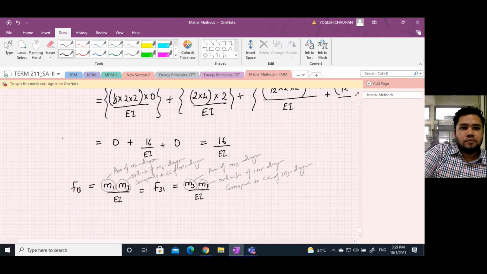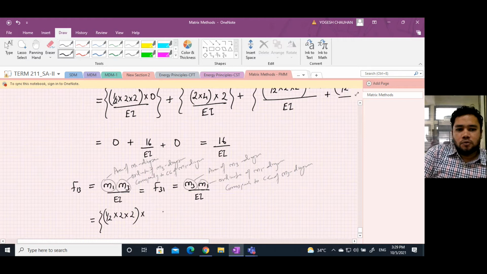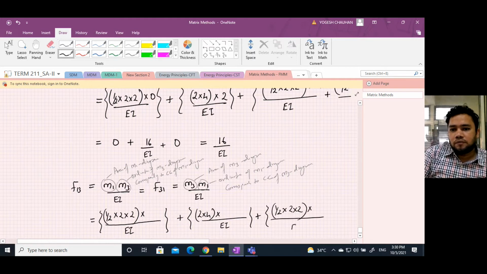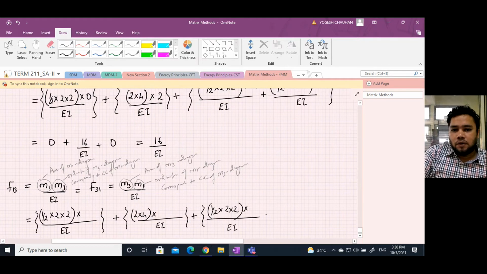So this time it will be 1 by 2 into 2 into 2 into, we find the ordinate, plus 2 by 4 into by EI plus 1 by 2 into 2 into 2 into ordinate by EI plus 1 by 2 into minus 2 into 2 by EI.